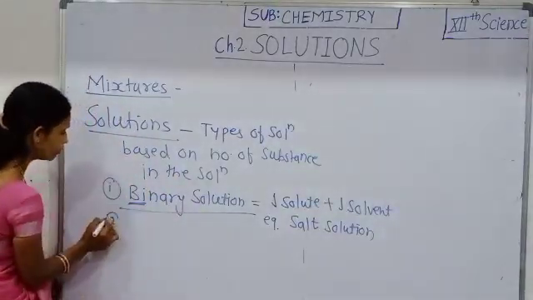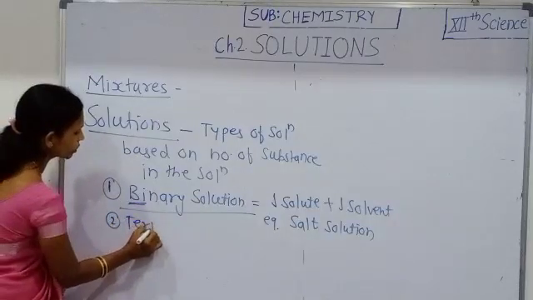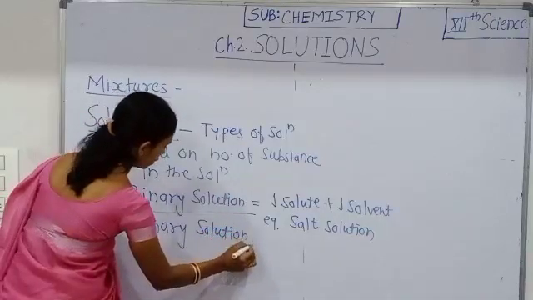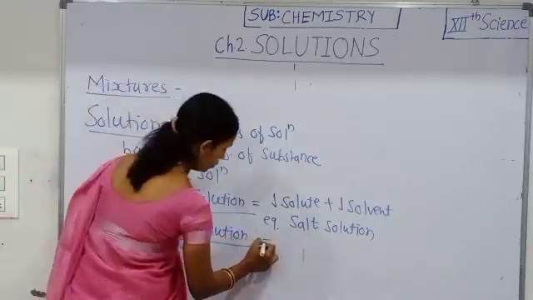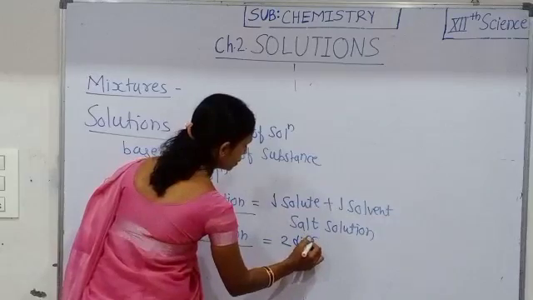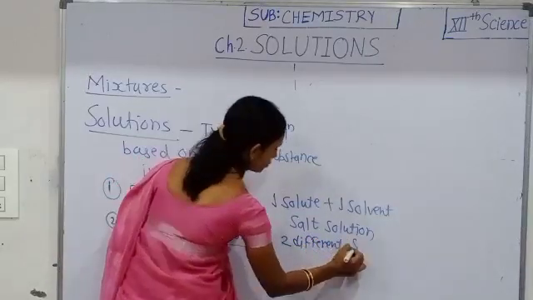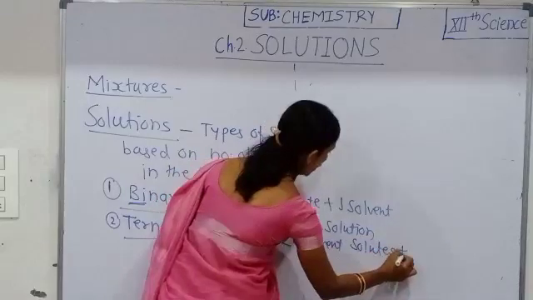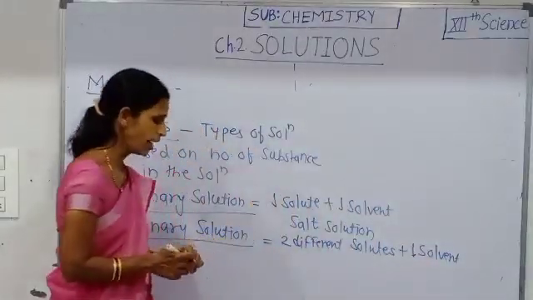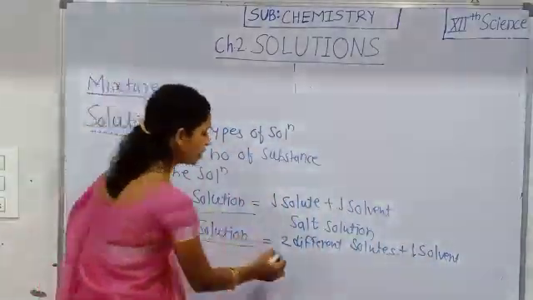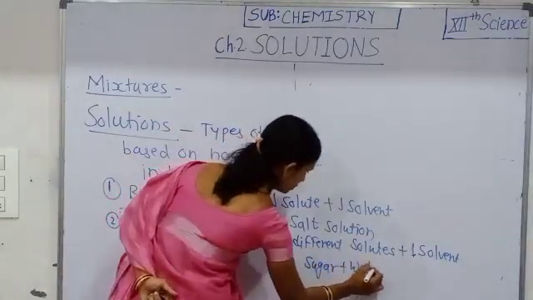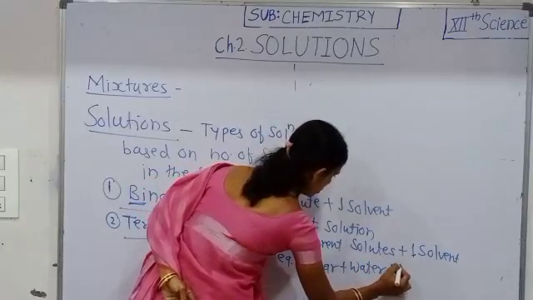The second type is the ternary solution. This is a solution containing two different solutes and only one solvent. For example, sugar plus water plus common salt.